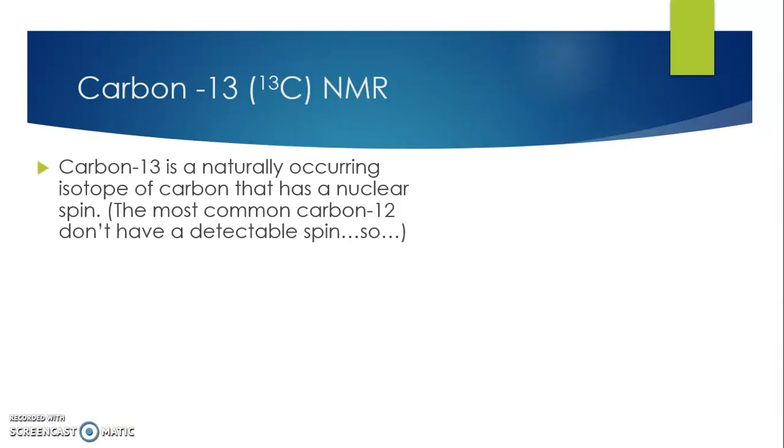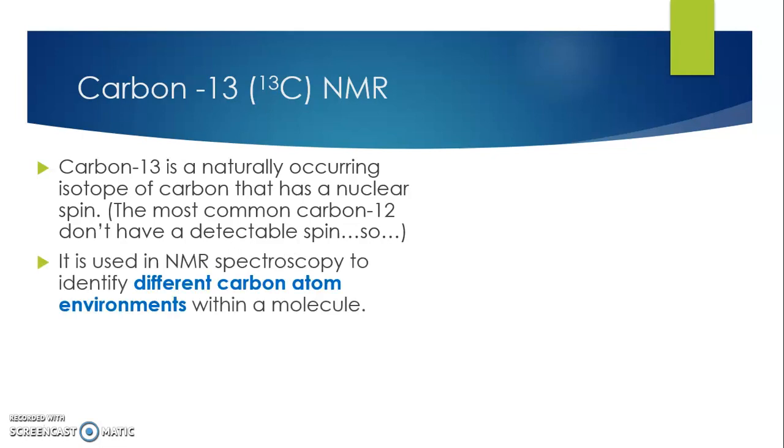Carbon-13 NMR. Carbon-13 is a naturally occurring isotope of carbon that has a nuclear spin. The most common type of carbon, which is carbon-12, doesn't really have a spin because it's an even number nucleus. Okay? So it is used in NMR to identify different carbon atom environments. So we look at carbons and if they are in a different environment within a molecule.